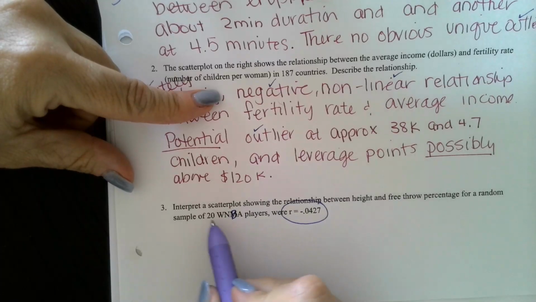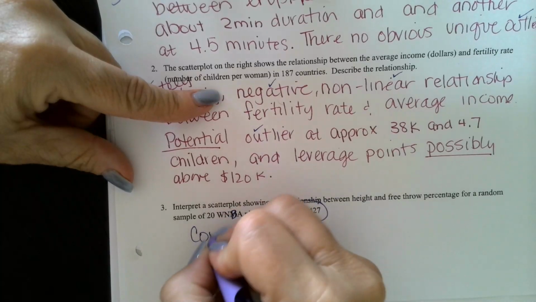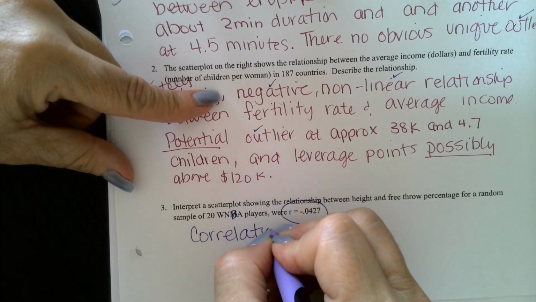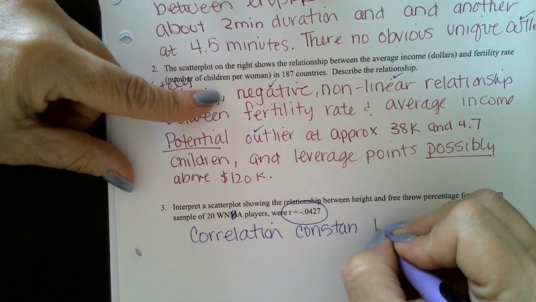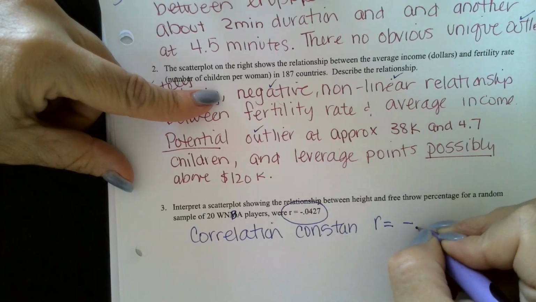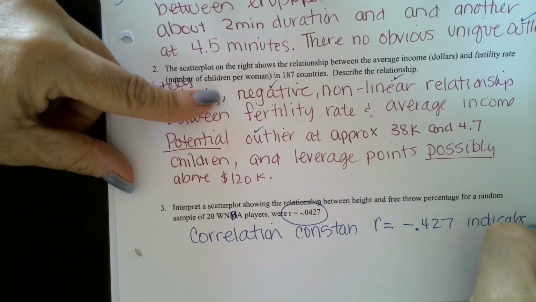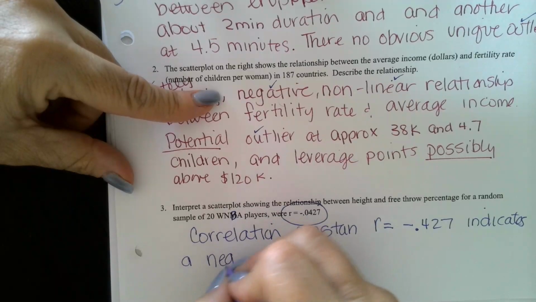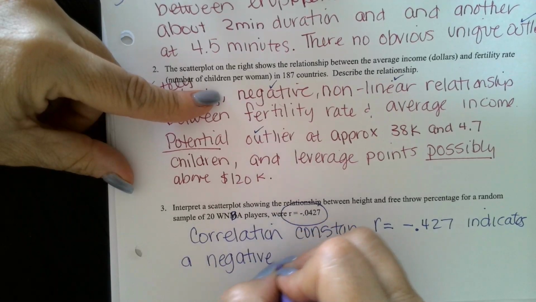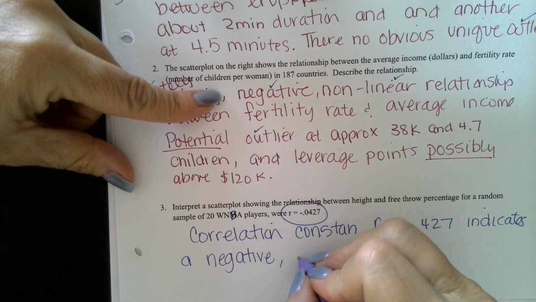So if I'm interpreting the scatter plot and this is all I have, what I would say is that a correlation constant r of negative 0.427 indicates, actually, hold on.